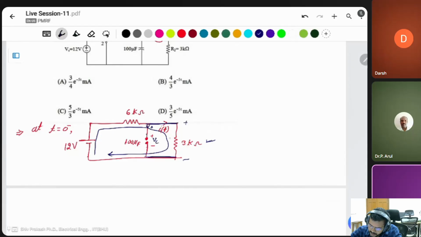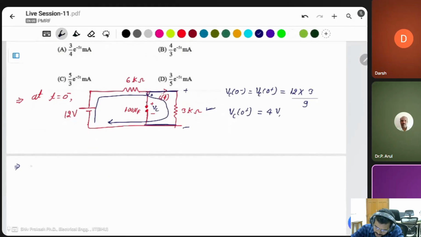This will be VC. Then VC at 0 minus is the same as VC at 0 plus, which equals the total voltage of 12 volt times the resistor 3 kilo ohm divided by the total resistance of 9 kilo ohm. The initial voltage of this circuit is 3 over 9 times 12, this will be 4 volt.